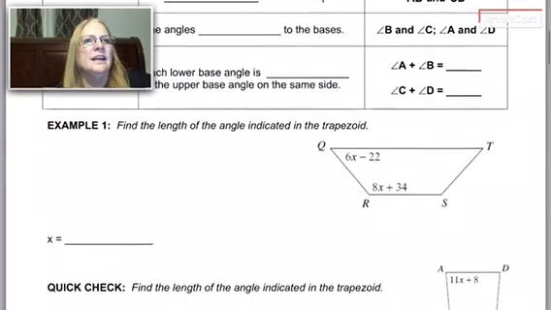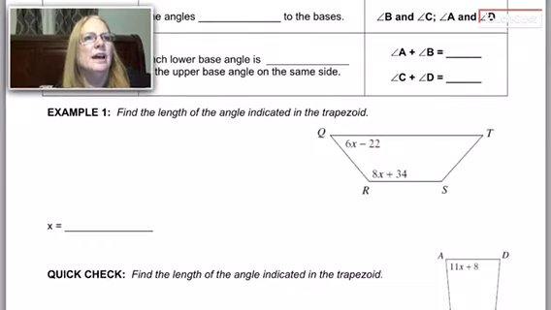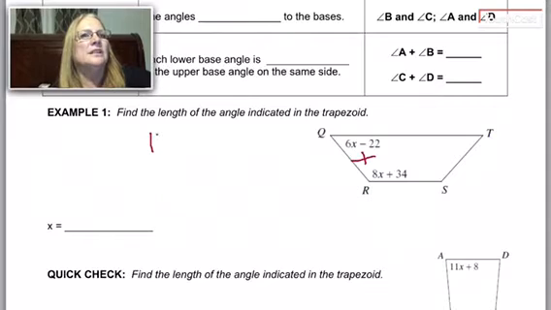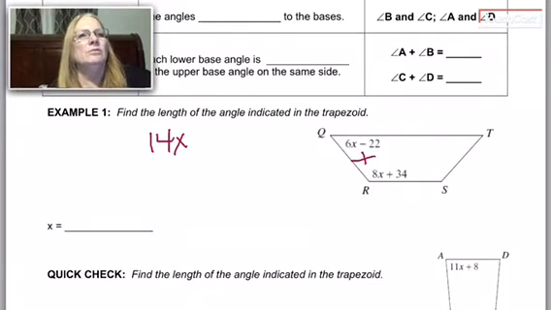Find the measure of the angle indicated in the trapezoid. So here we have an upper base angle and a lower base angle, and we know when we add these together we have to get 180. So 6x plus 8x is 14x, and then we're going to add 34 and negative 22, so that would be 12, equals 180.